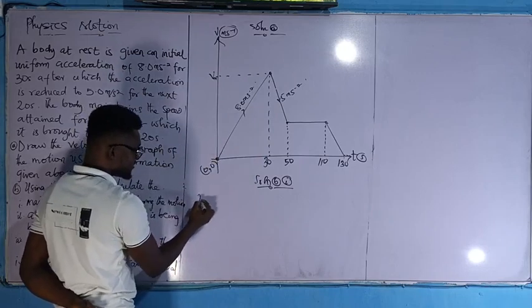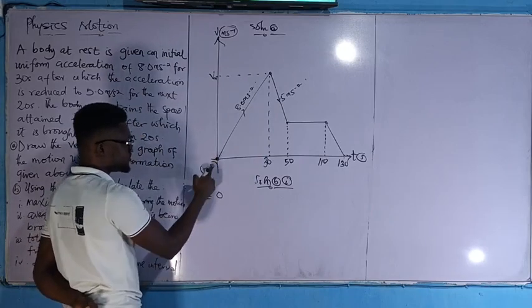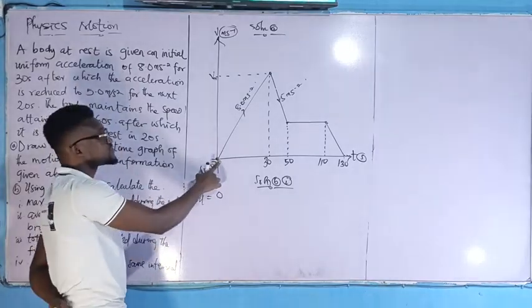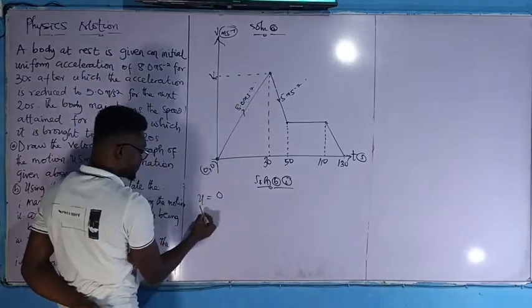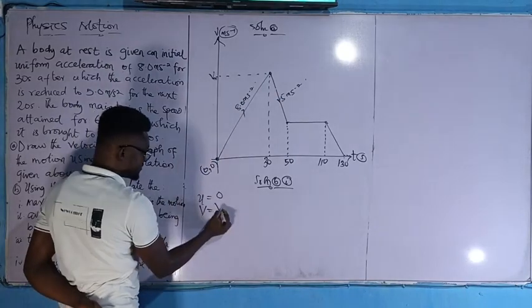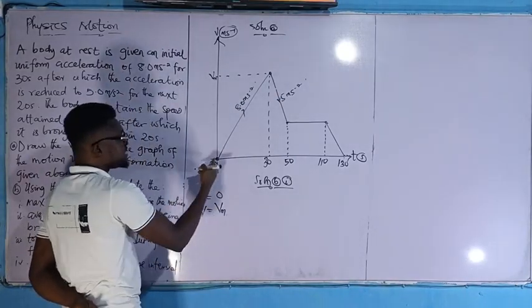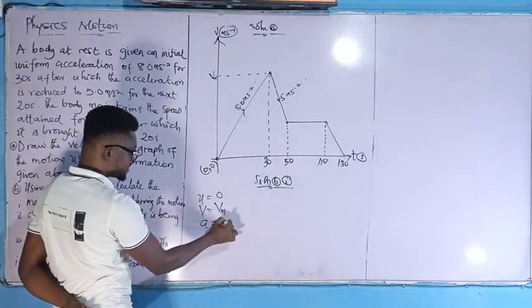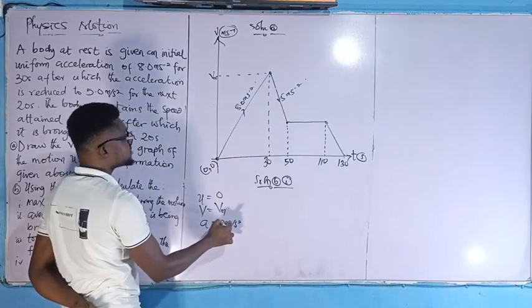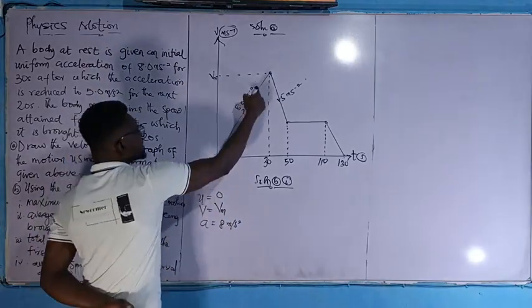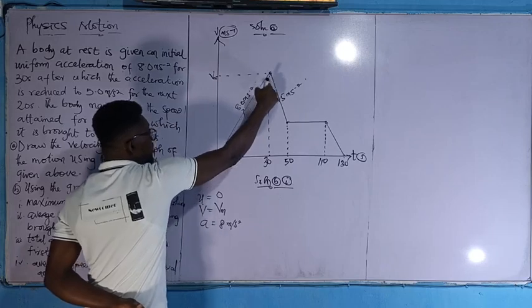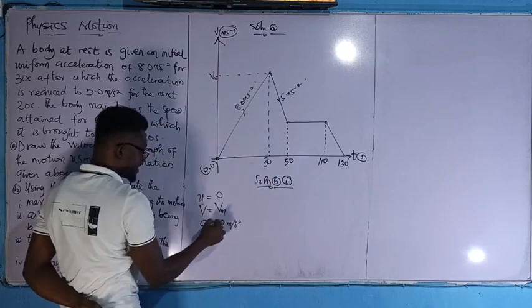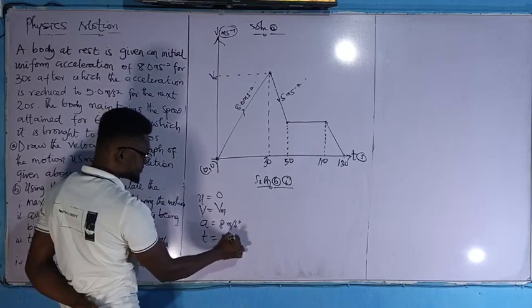Initial speed, u equal to 0 because it is at rest. The final speed, v, is the maximum velocity. The acceleration during this motion is 8 meters per second squared. And the time taken to get to that maximum point, you trace the time, it is 30 seconds.